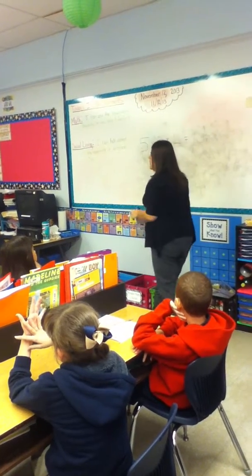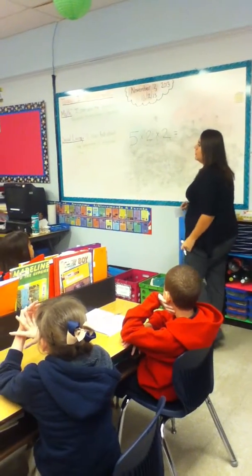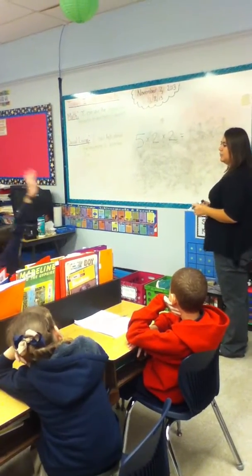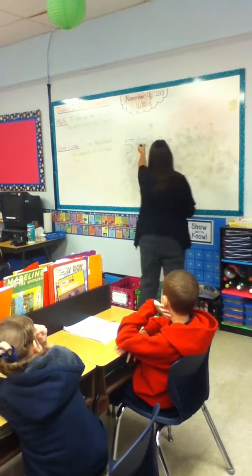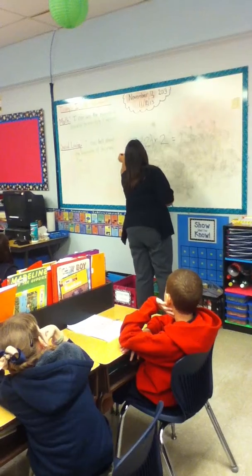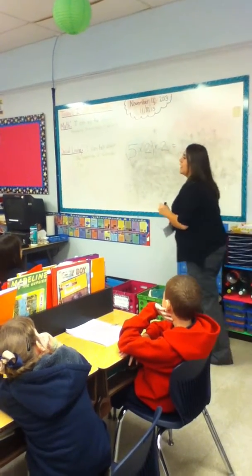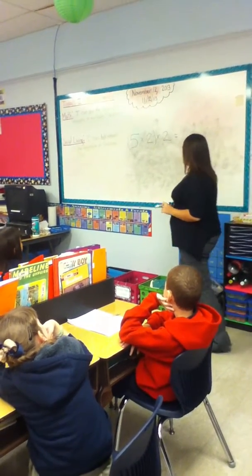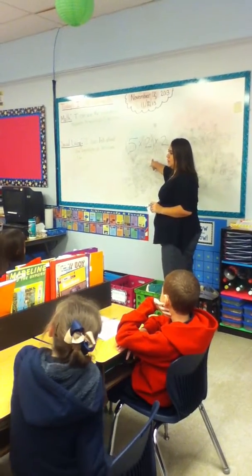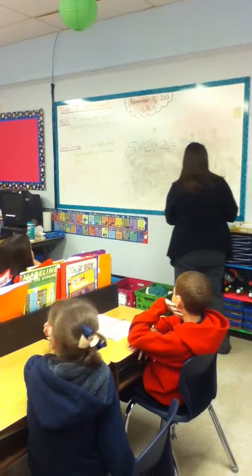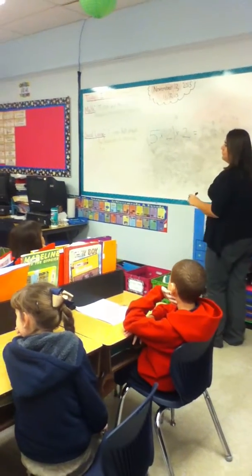All right, so using the associative property, what numbers are we going to group? 5. Jericho. 5 times 2. Beautiful. Okay, so can we use the distributive property to break this down? Yes. Sean, why don't you come up here and show me how to do that?